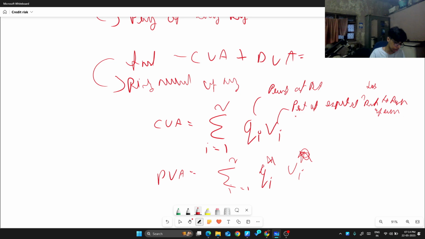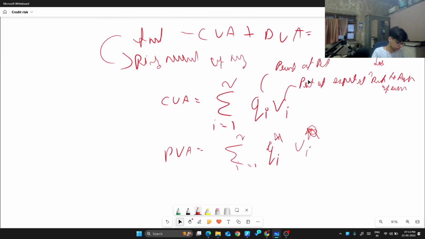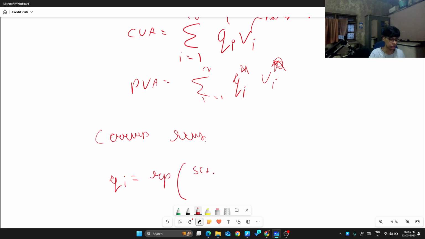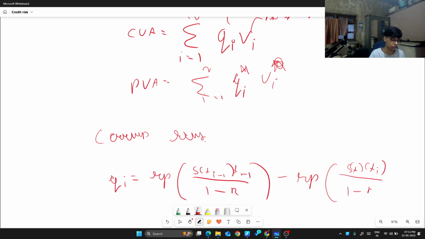By some readjustment with credit spread and recovery rate, we can derive the new formula where Q_i equals exponent of minus the previous credit spread over 1 minus recovery rate, minus exponent of the current default rate.